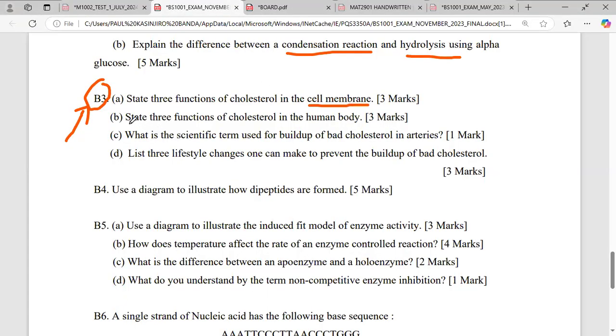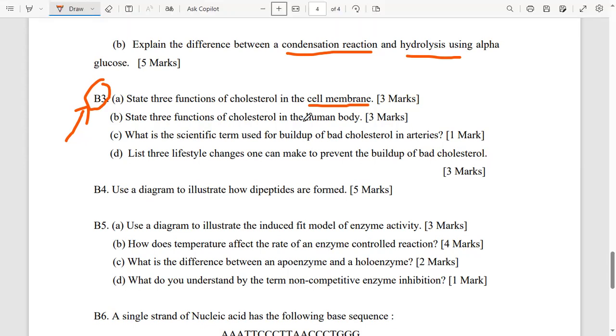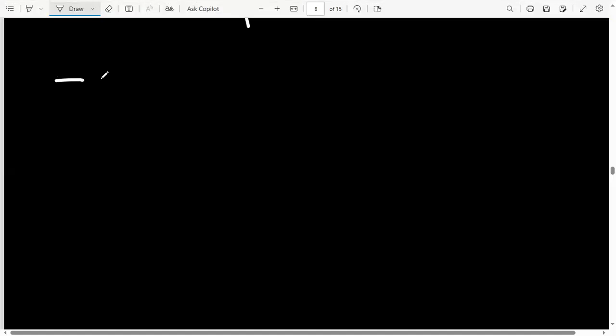Now when you look at B, it's saying state three functions of cholesterol in the human body. The previous one was restricted to the cell membrane, but this one wants the human body. So let's state any three functions in the human body. In the human body, cholesterol is important.